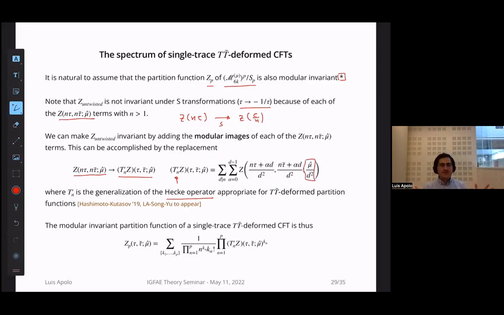So if you put all of these ingredients together, you find that the modular invariant partition function of a single trace TTbar deformed CFT can be written in closed form like this. And again, this is the same formula you find for a CFT, except that the Hecke operator is defined in a different way, okay? And again, this comes just from the different modular properties of these theories.